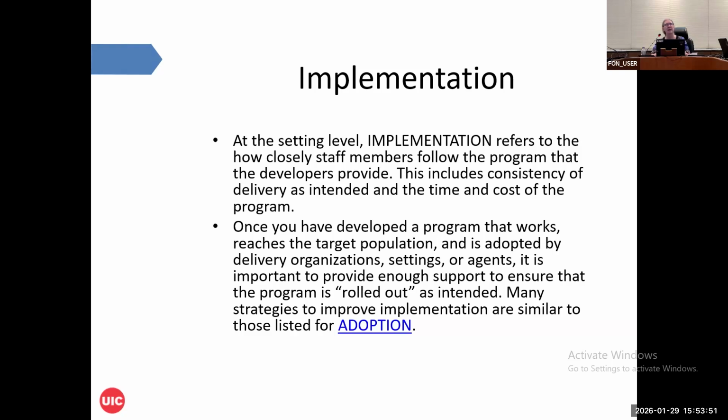There usually needs to be some training of the staff, and then some way to continue supporting them. Every now and then, they get together as a group to discuss challenges and what is going well. Those are some of the things you want to think about here. Many strategies to improve implementation are very similar to those listed for adoption.